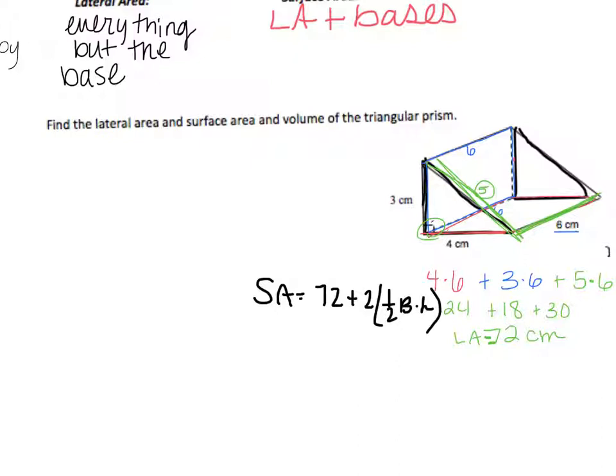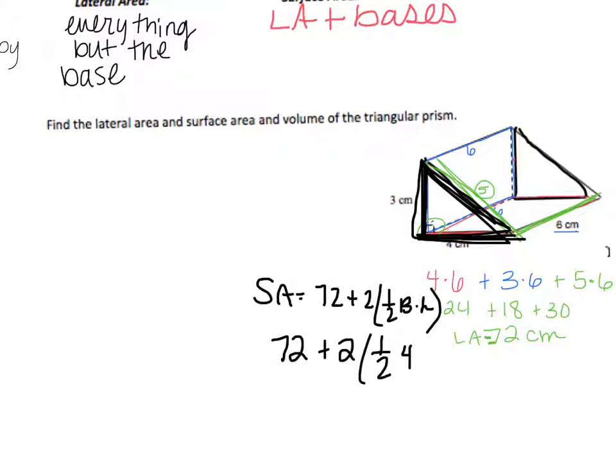So the area of the triangle in the front here that I'm lining in black, I have 3 times 4. So I have 72 plus 2 times 1/2 times 4 times 3. So that's going to be 72 plus 12, which is 84 centimeters squared. And this lateral area should be centimeters squared as well. So that's surface area and lateral area.